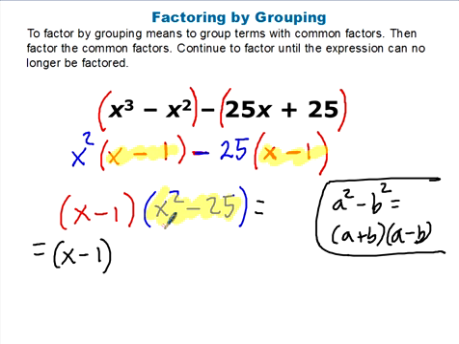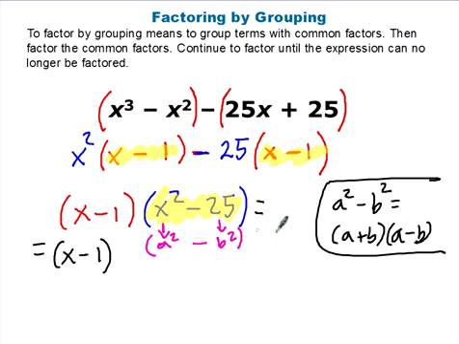x squared is x to the power of 2 and 25 is 5 to the power of 2. So really, this is our a squared and this is our b squared.